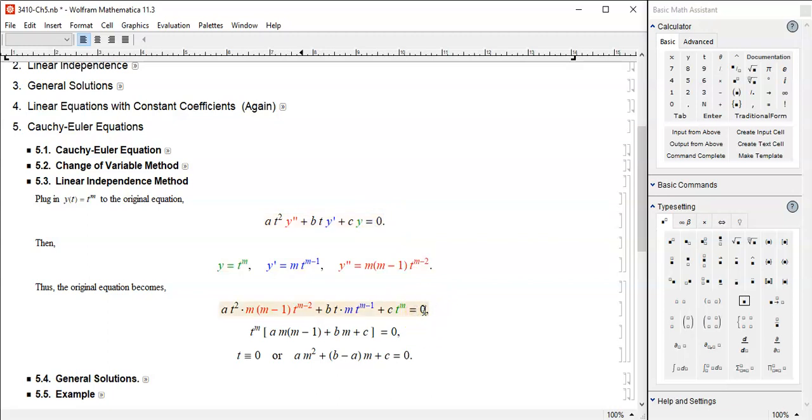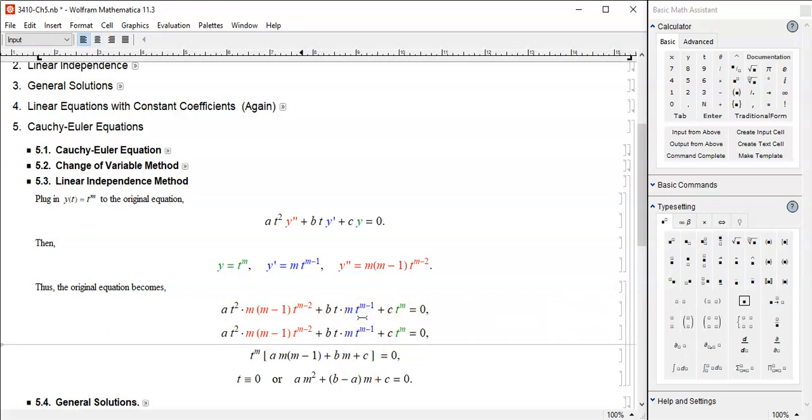Now put this t to the second power times t to the m minus second power. What do we get? Multiply this, and I'm going to get just t to the mth power.